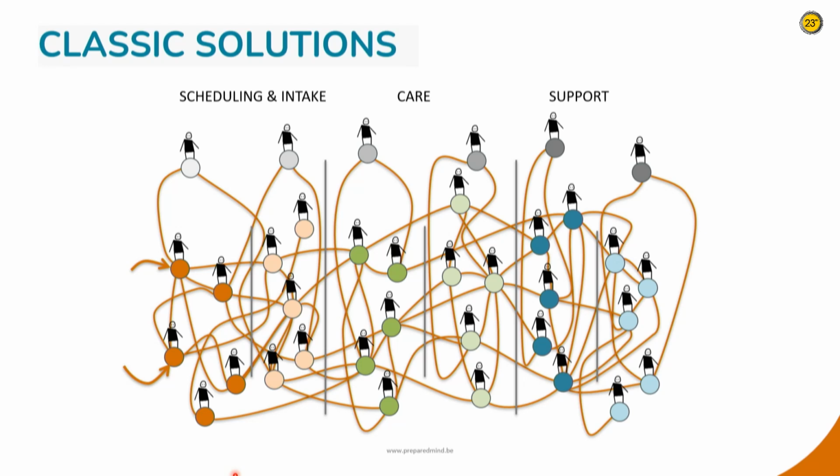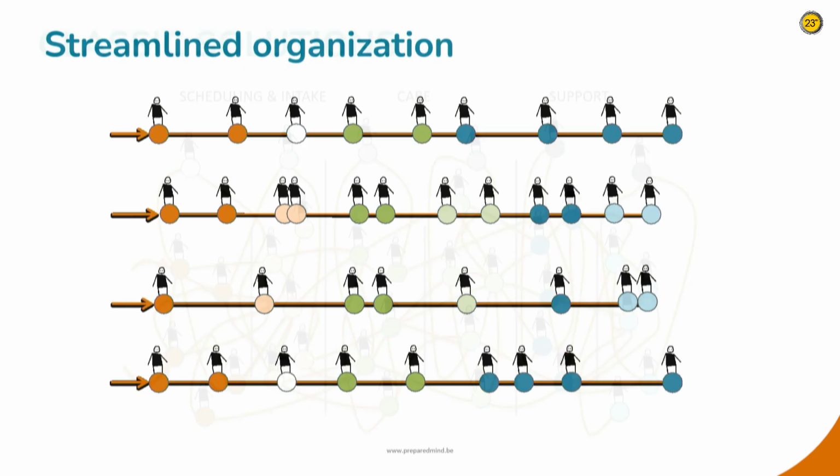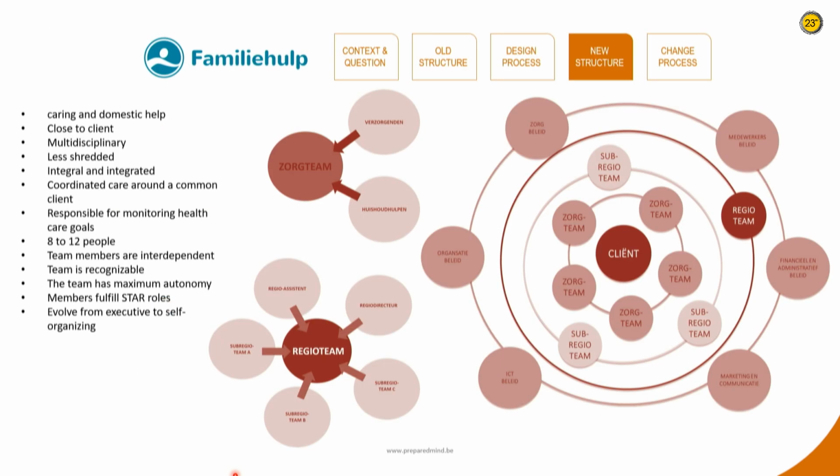Before, in the old structure, everybody was working next to each other. There are teams who are doing shadowing and intake processes, there are teams who are giving the care, and the support team often doesn't know what is happening on the floor. So the solution was, how can we get to a more streamlined organization? And that's our new model.